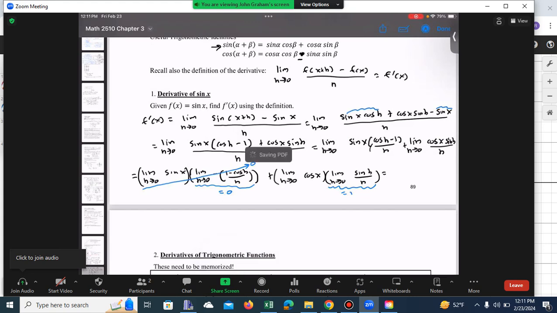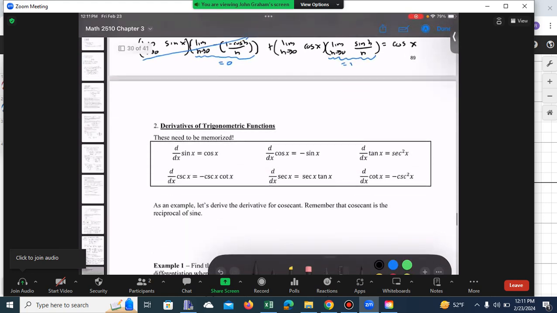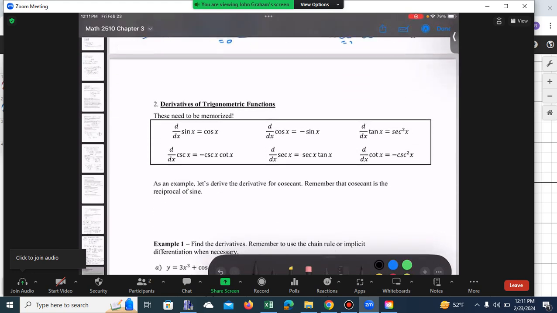There's no h there, so it just equals cosine x. Alright, so the derivative of sine x is cosine x, which is this one right here.